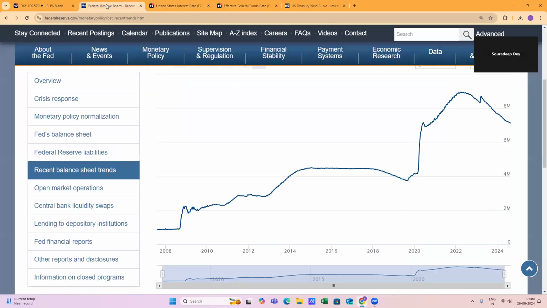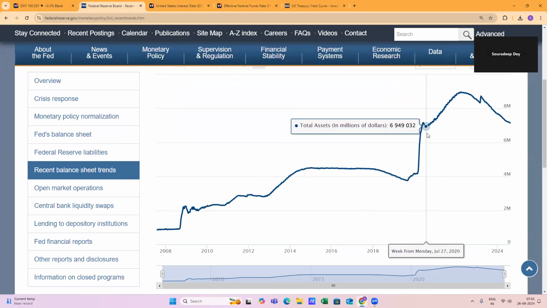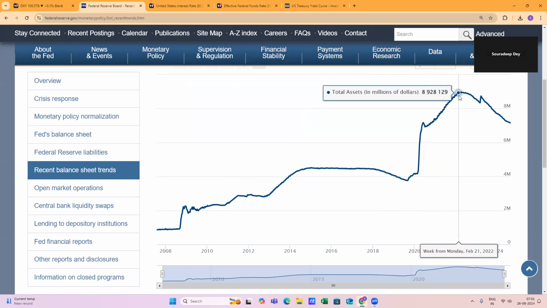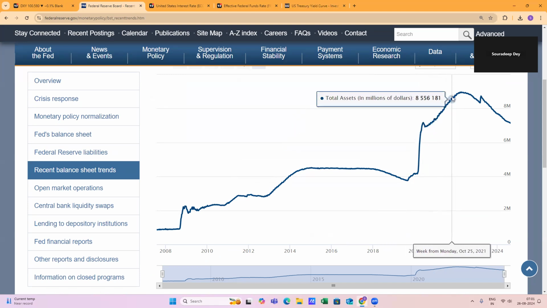And that's why the Federal Reserve also, if you can see, after the initial expansion of the balance sheet was very fast, after June of 2020 till February of 2022, the Federal Reserve increased its balance sheet gradually till a peak of almost 9 trillion.